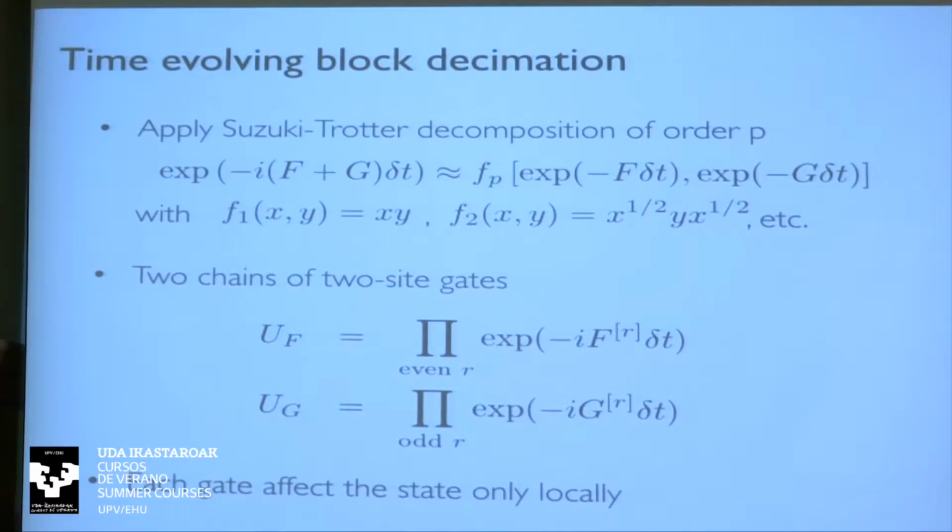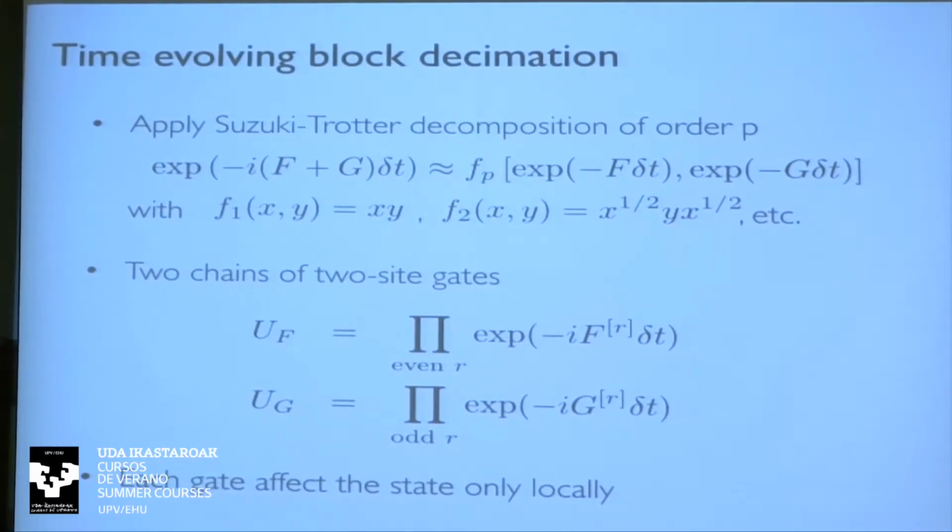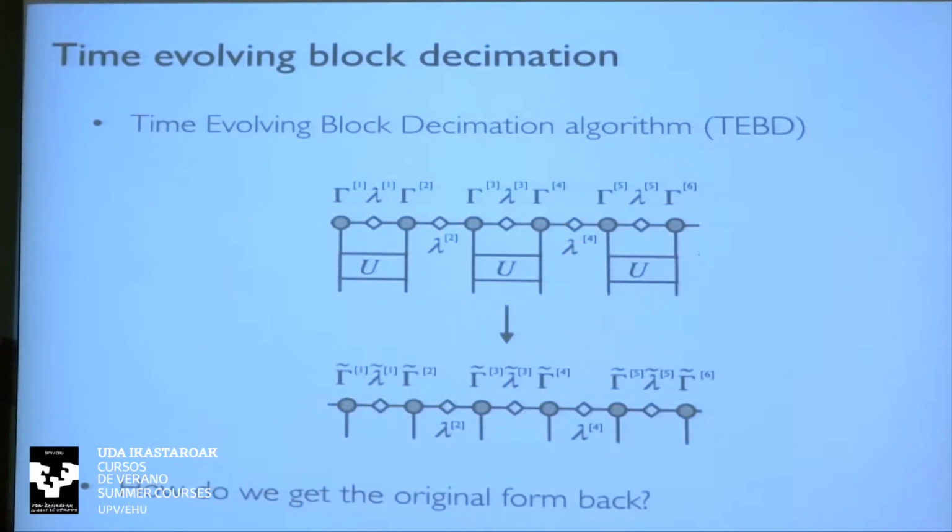And each of those gates, so each of those terms, acts only locally on two adjacent spins or sites. So what we have now done is boil down the problem of time-evolving states to something rather simple, right?